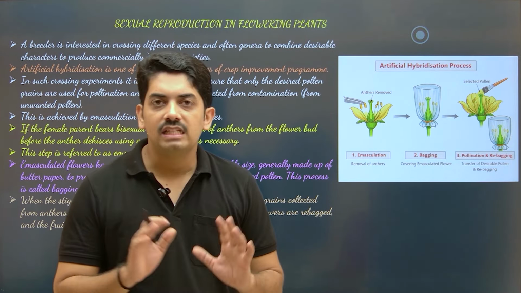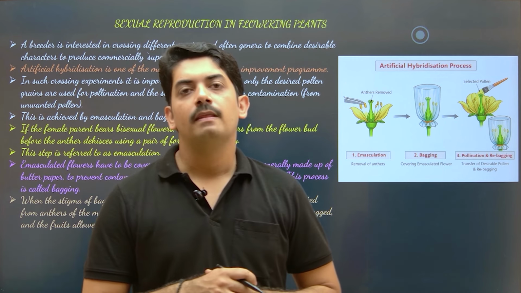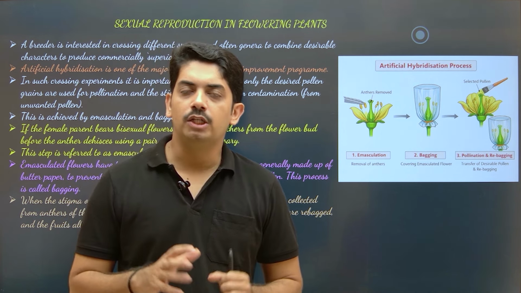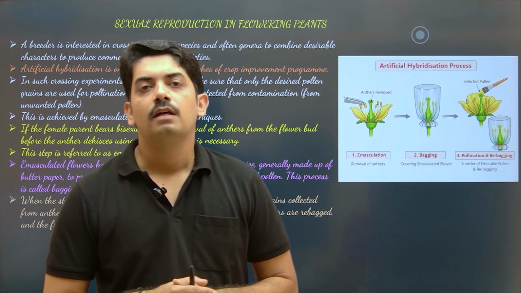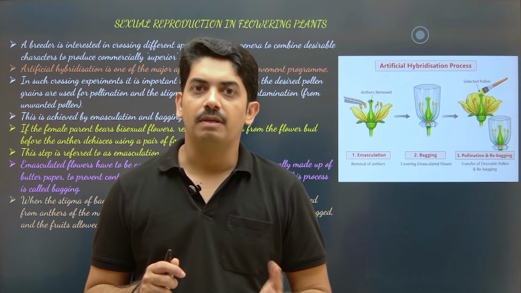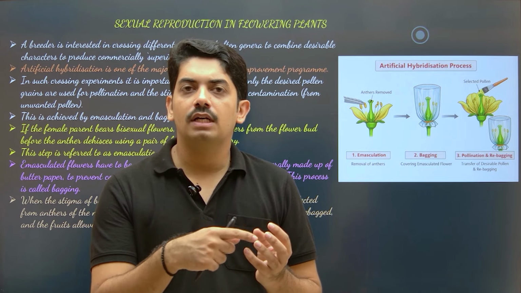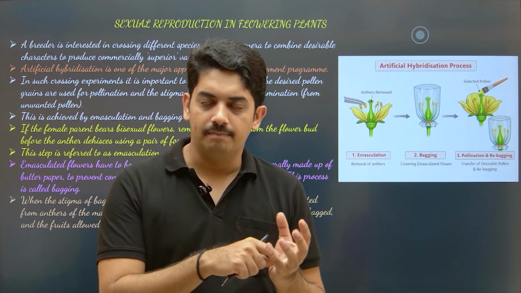Suppose the plant is bisexual, producing androecium and gynoecium. A plant breeder, what will he do? He will take the plant, say for example a pea plant, and before anthesis, before the flower opens, he takes out the petals and observes the stamens.